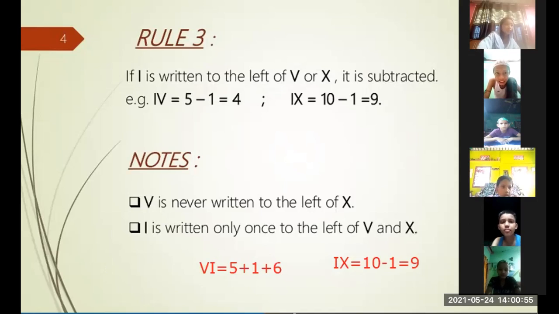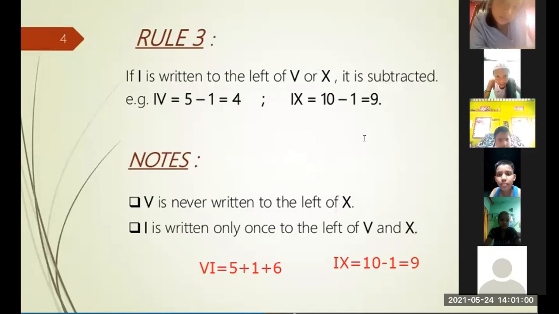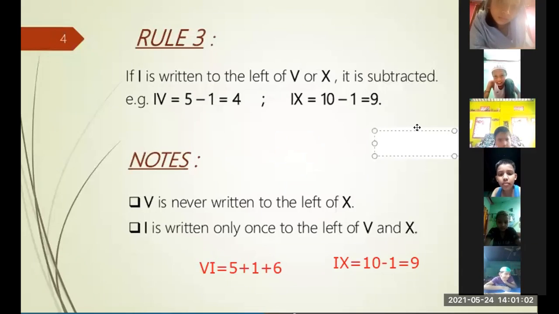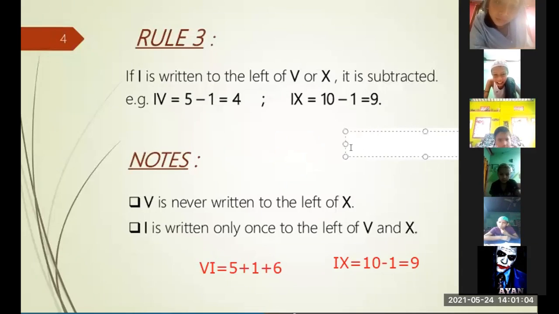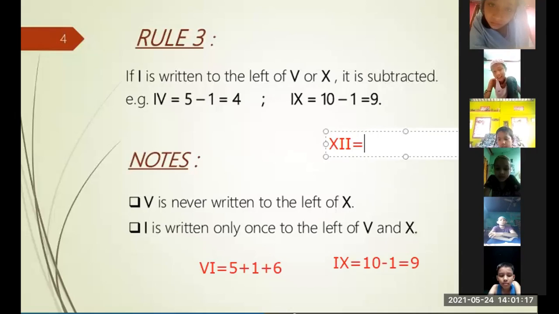Tell me, XII. Let me write XII. And this answer will be given by Masum Akhtar. Tell me. X value is 10.